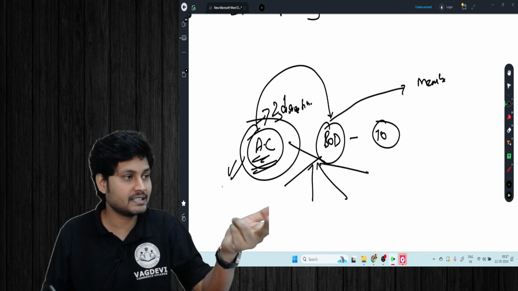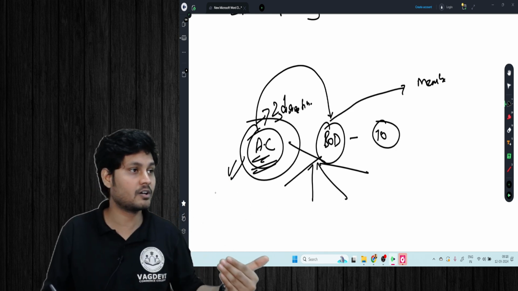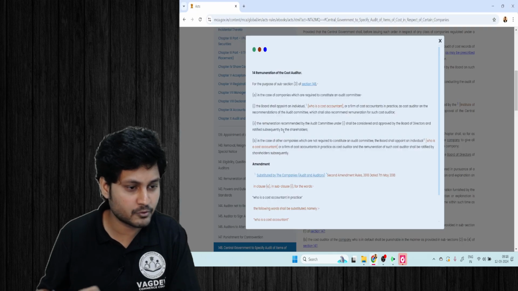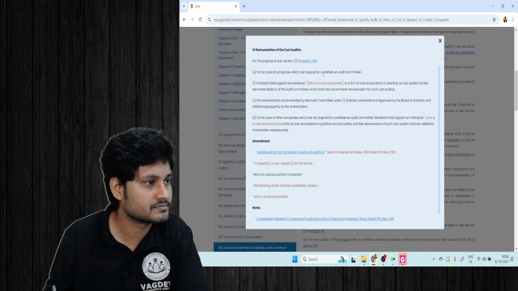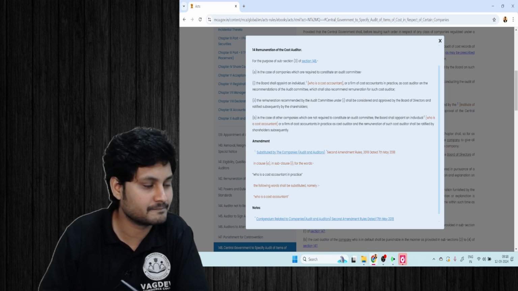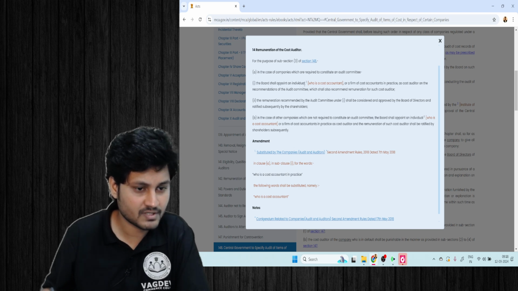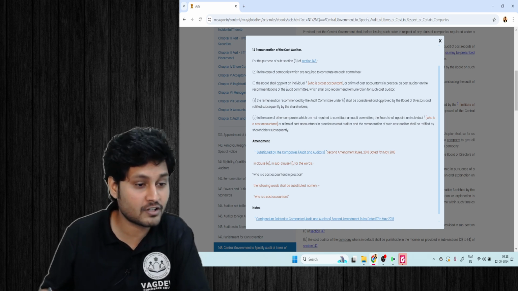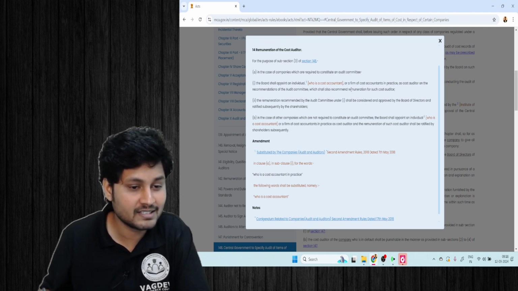If the company is applicable for audit committee provisions, then remuneration shall be suggested by whom? See, in case of companies which are required to constitute an audit committee, the board shall appoint an individual or a firm of cost accountants in practice as cost auditor on the recommendations of the audit committee, which shall also recommend the remuneration.